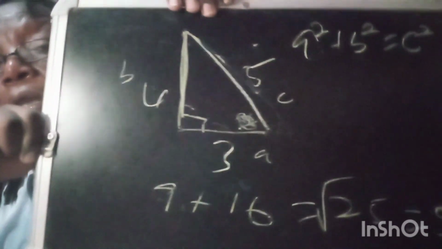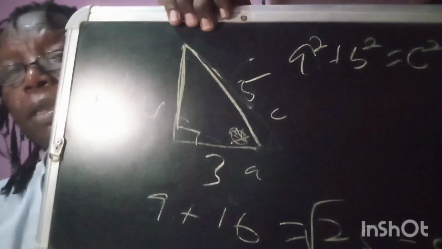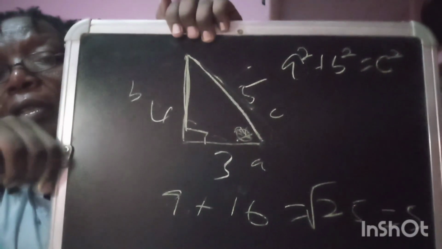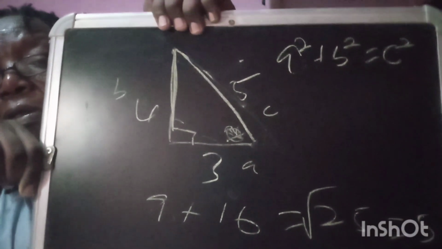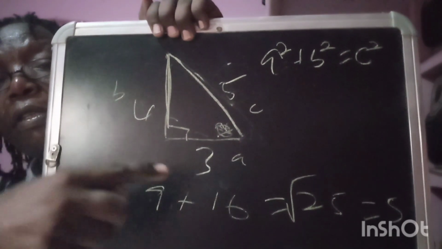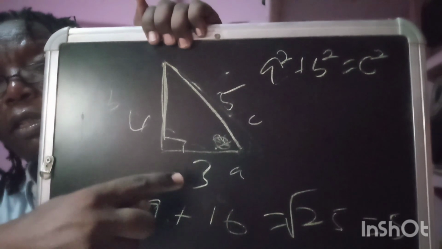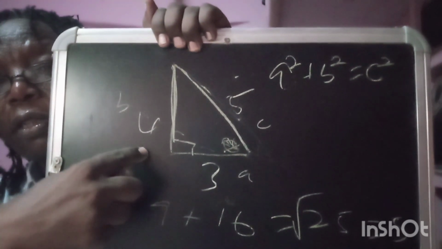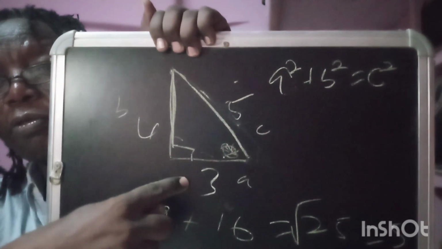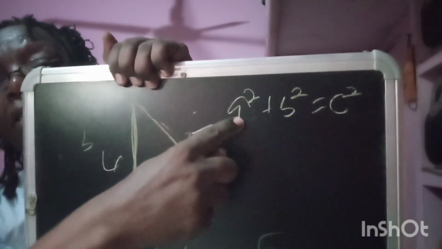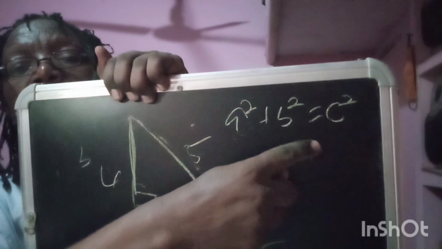Okay, are we together? I think now you can see clearly. Okay, this squared plus that squared, 3 squared is 9, 4 squared is 16. If you add these two, they'll give you 25. And according to that formula, a squared plus b squared is equal to c squared.